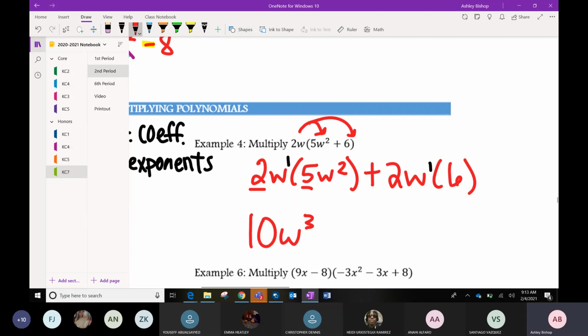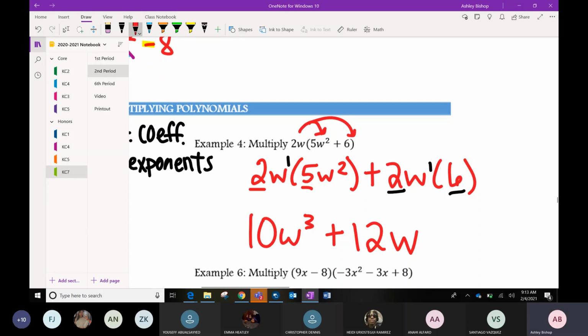Plus, and then 2w times 6. Well, I'm going to multiply their coefficients together. 2 times 6 is 12. And then 6 doesn't have a w, but the w doesn't disappear, so we just add it back onto the end. 2w times 6 just gives me a total of 12 w's.